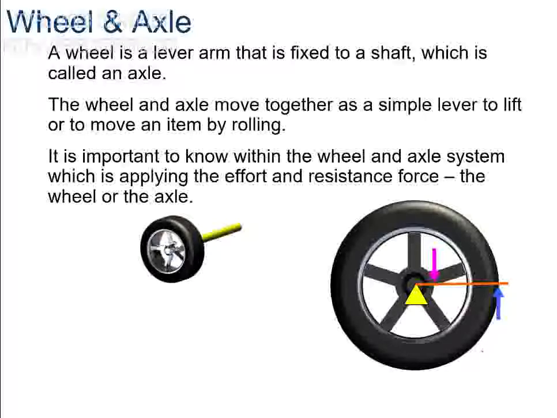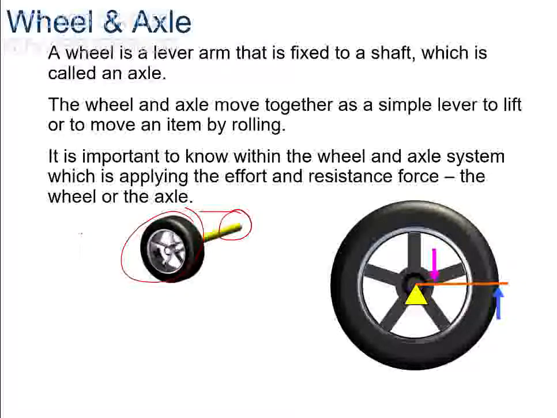The other thing is wheel and axle. A wheel is a lever arm that is fixed to a shaft, which is called an axle. As you see, this one is the axle, and this one is the wheel. The wheel and the axle move together as a simple lever to lift or to move an item by rolling.